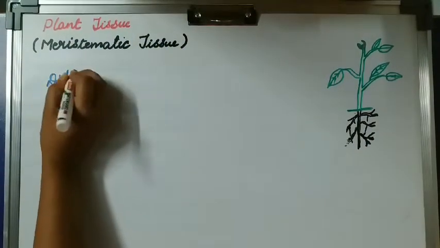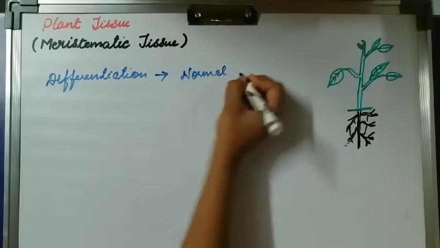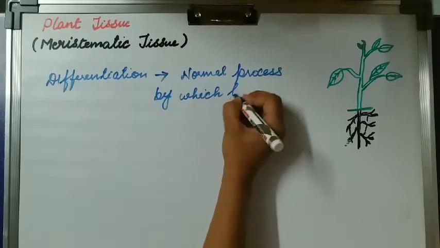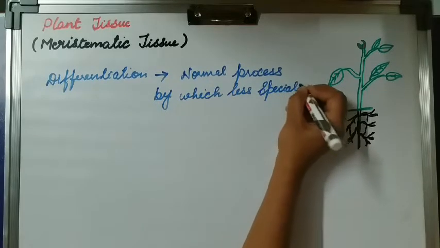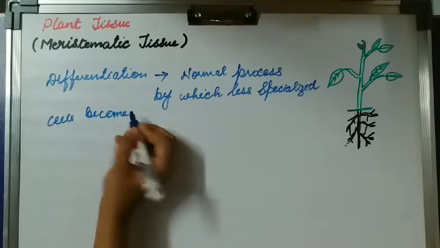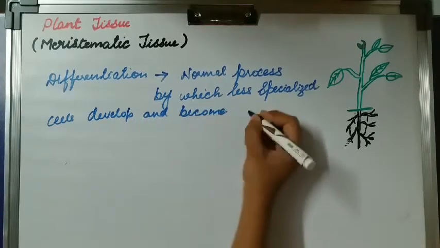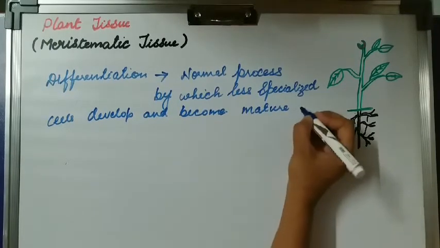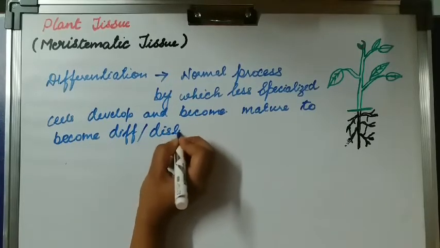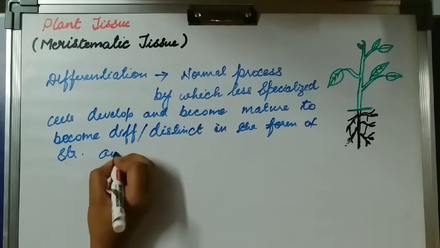So differentiation, you can write it like this: normal process by which less specialized cells develop and become mature to become different or distinct in the form of structure and function.